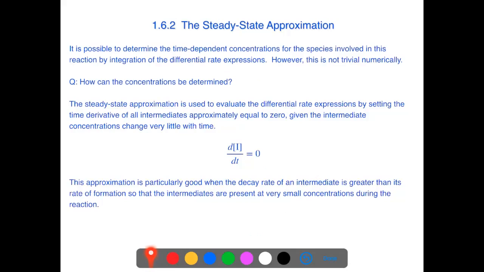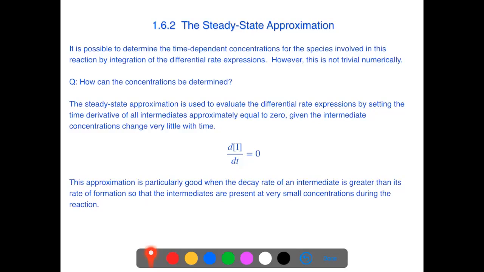Now it is possible to determine the time-dependent concentrations for the species involved in this reaction by integration of those differential rate expressions. However, this is not trivial numerically. So we've seen previously for a one-step reaction or even a two-step reaction mechanism that we can solve for those individual concentrations numerically.